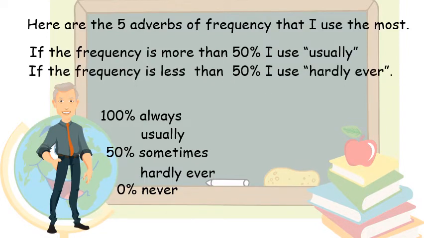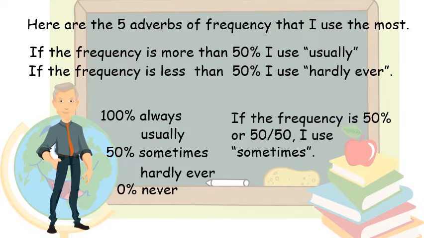If the frequency is less than 50%, I use hardly ever. If the frequency is 50% or 50-50, I use sometimes. If it's 100%, I use always. If it's 0, I use never.